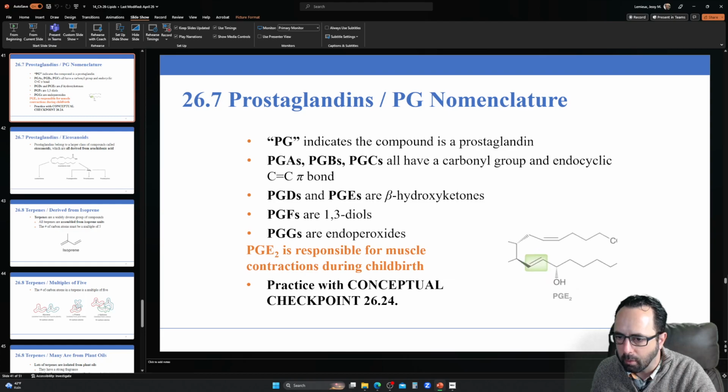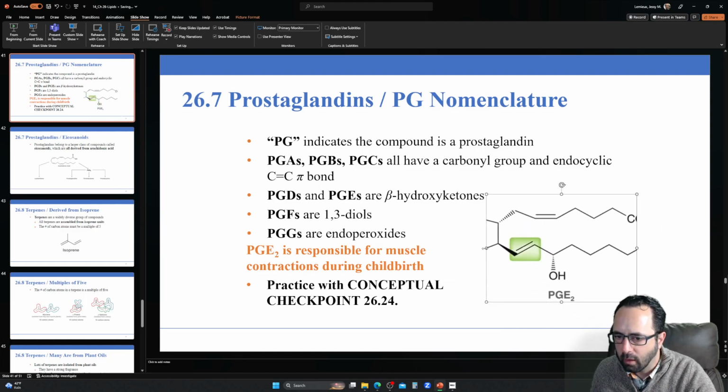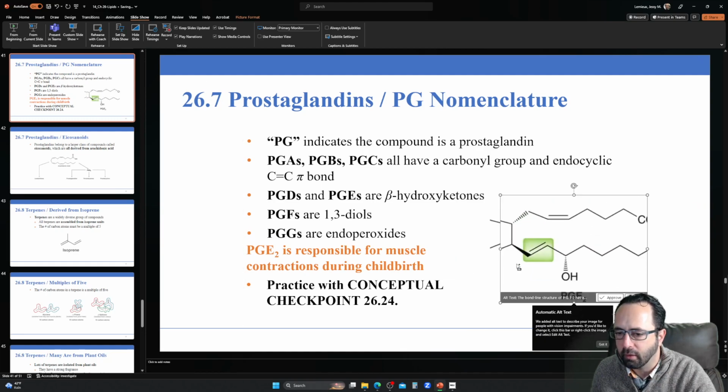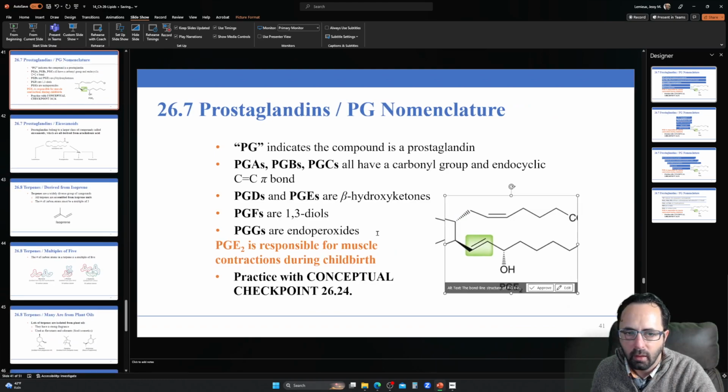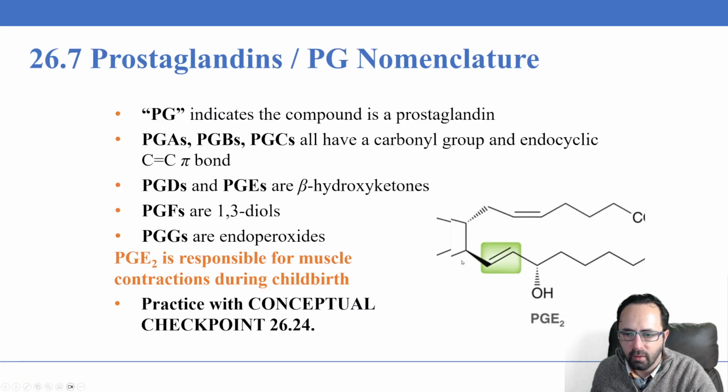Just want to make it a little bit bigger. There we go. And it seems to be cut off a little bit. Sorry about that. But there's the ring over here. I'll show you another example in a second. But this is an example of a prostaglandin. The ring's over here. It's hard to see, but it has these two side chains.